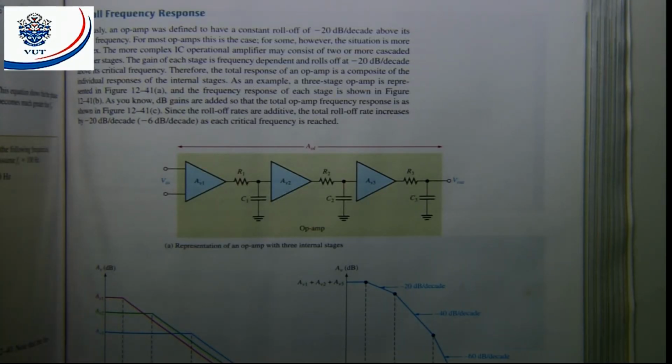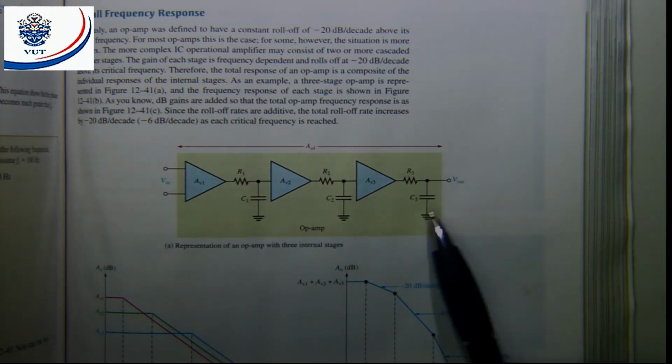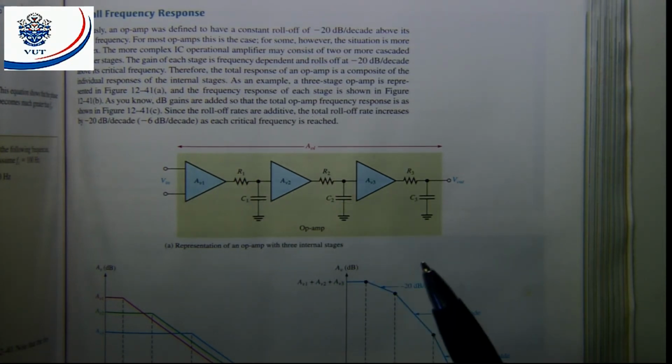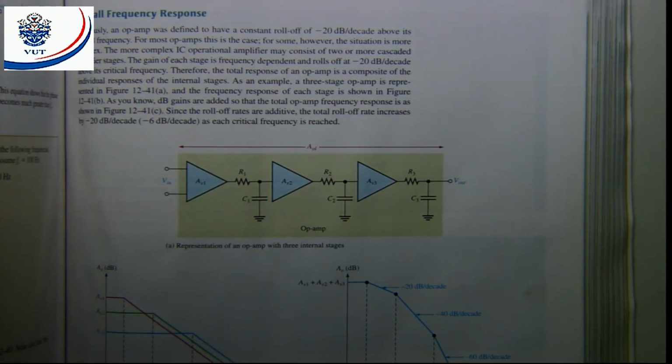The overall frequency response. In an op-amp package, inside the device, we can sometimes find more than one stage with three lag circuits. If we consider stage 1, we have that frequency response with a roll-off of minus 20 dB per decade, and we will have our critical frequency FC1.